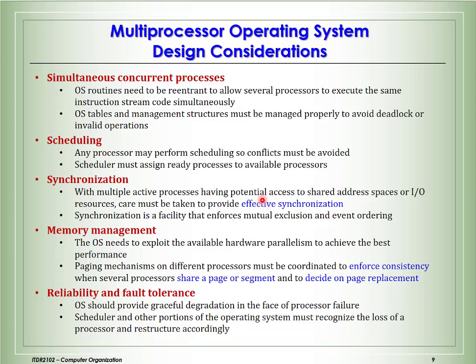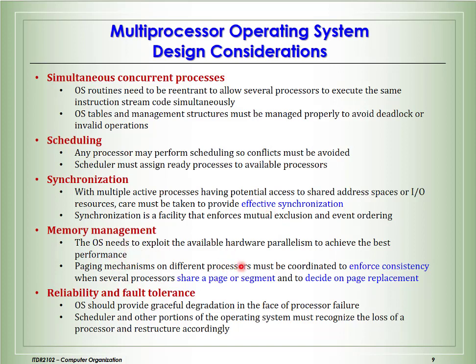There are two types of processes, cooperating processes and independent processes. In cooperating processes we are sharing memory. When we share memory among processes, we need to care about the order of execution of the processes. So order is very important.